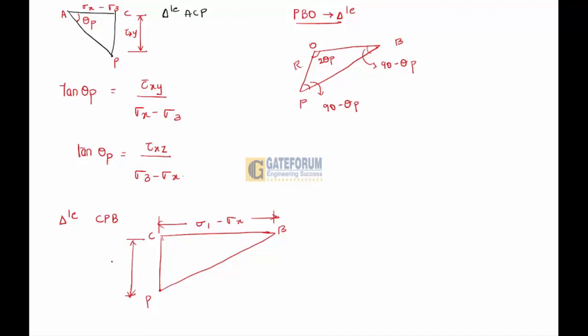This is tau xz. This is theta P. This is 90 minus theta P, which will be alpha.